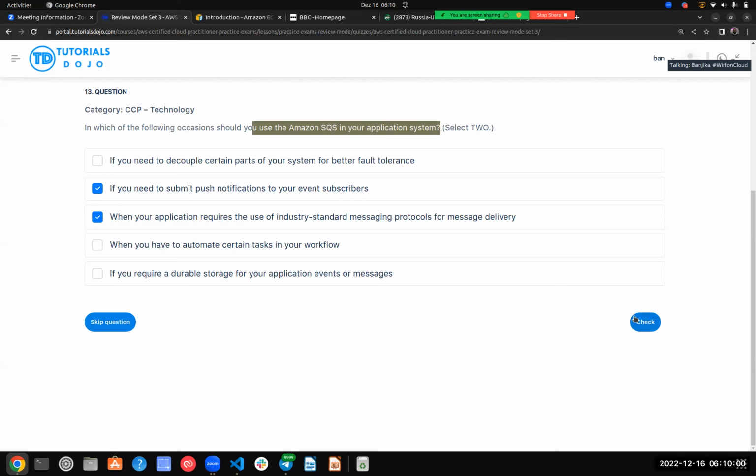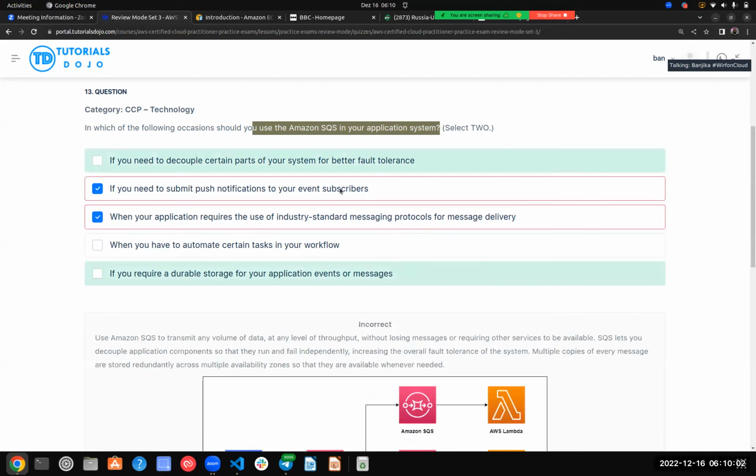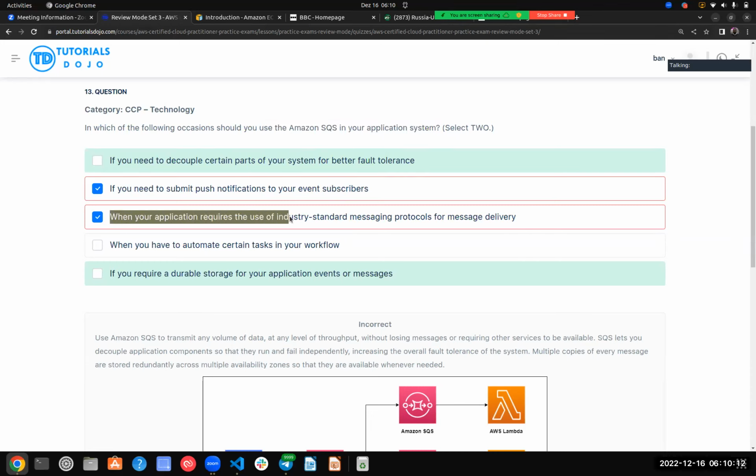No worries, let's check and see. What will be used here? This application requires the use of industry standard messaging protocols for message delivery.